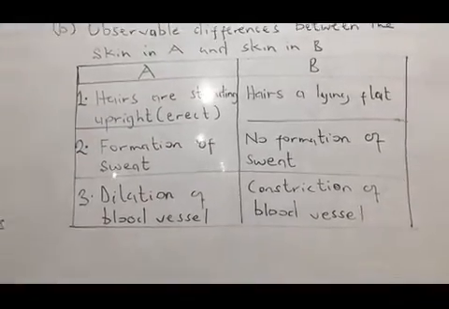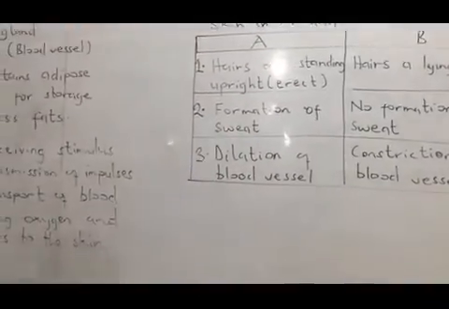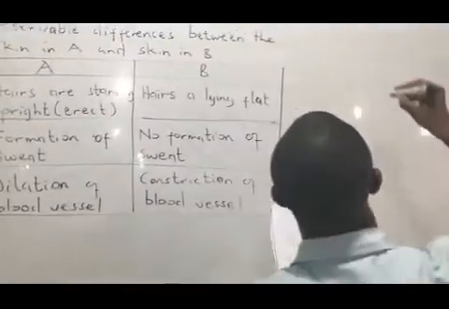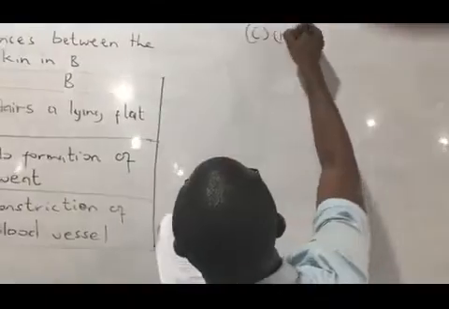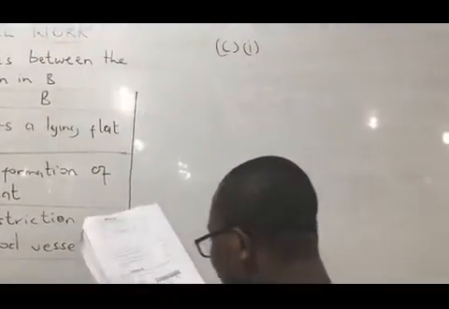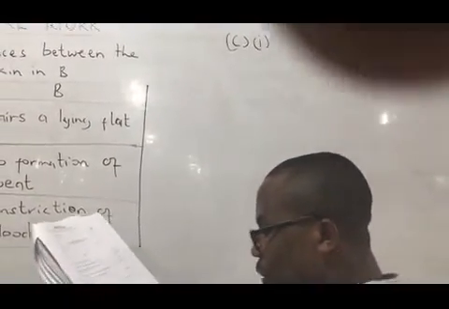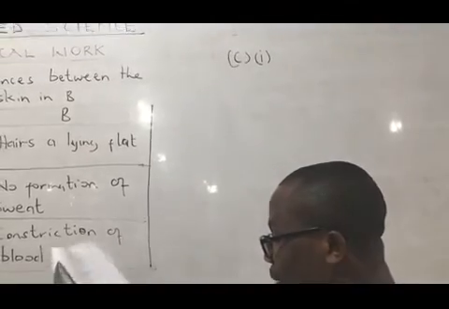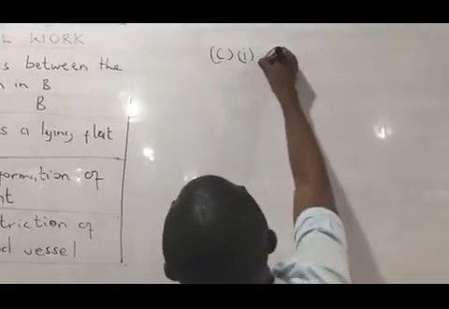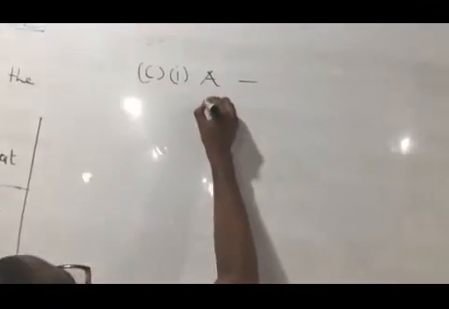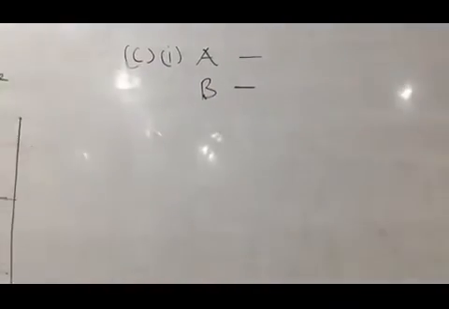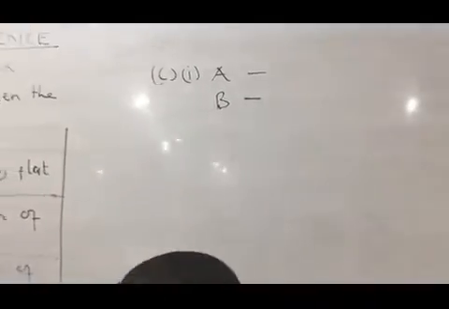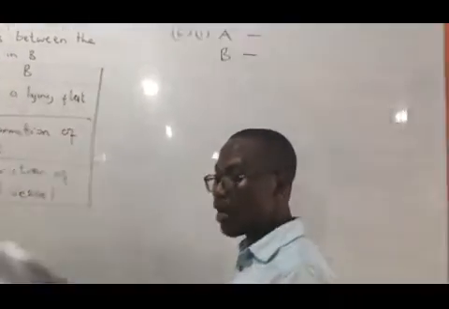And question C(i) says suggest each of the environmental conditions in A and B. So earlier I told you that when I talk of environmental conditions, we're referring to hot weather and cold weather.